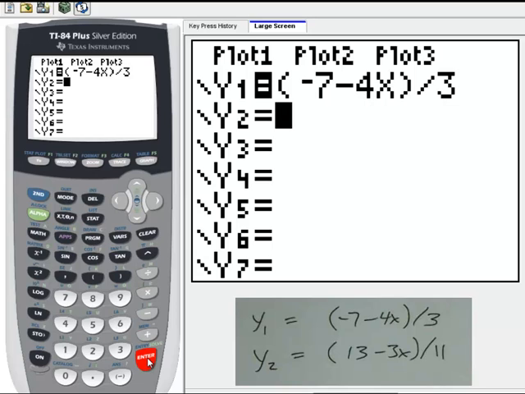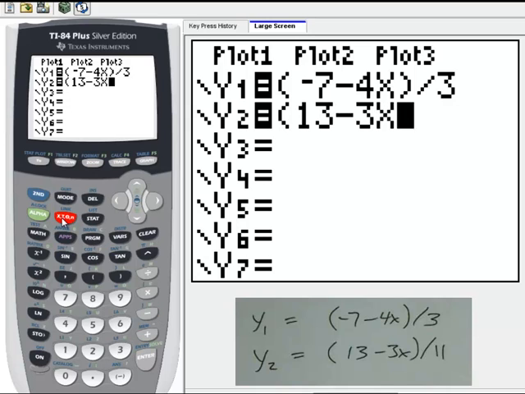Okay, let's go to y2, where we have parenthesis 13 minus 3x, parenthesis, divided by 11.